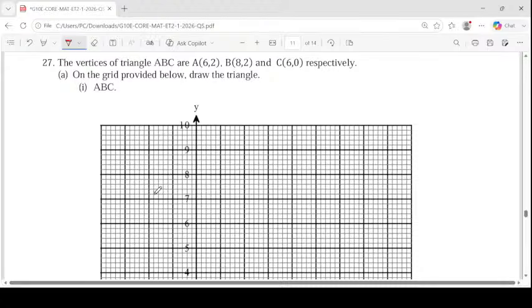The vertices of a triangle ABC are A(6, 2), B(8, 2), and C(6, 0) respectively. On the grid provided below, draw the triangle. Let us draw that particular triangle.